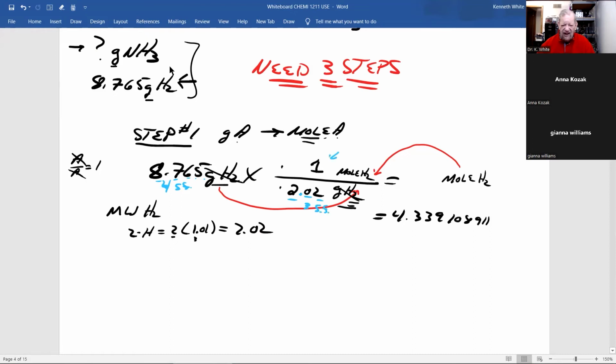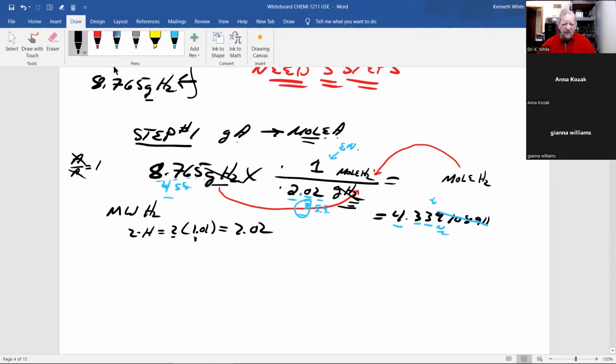This is an exact number, plays no role. So which is lower, 3 or 4? And hopefully you pick 3. So you need to round this off to 3 significant figures. Keep the 4, keep the 3, keep the 3, use the 9 to round off. Is that 5 or higher? Yes, I'm going to drop all that, increase that by 1.